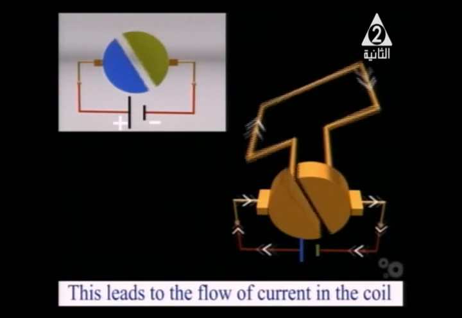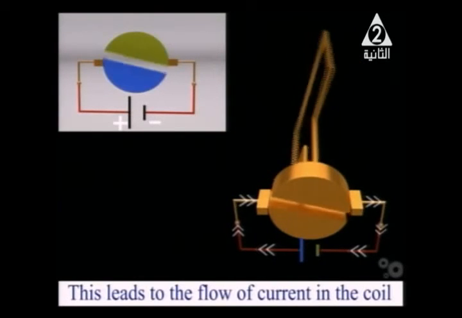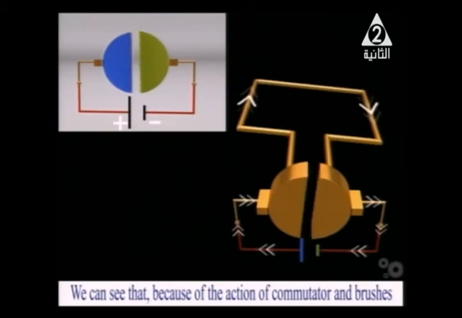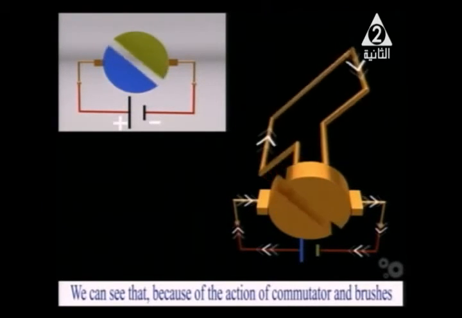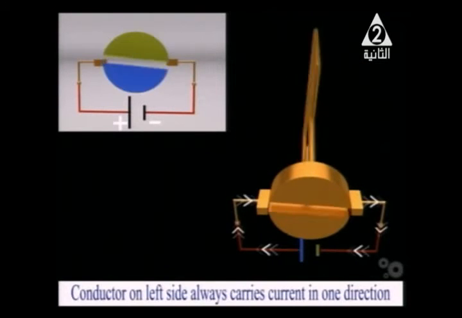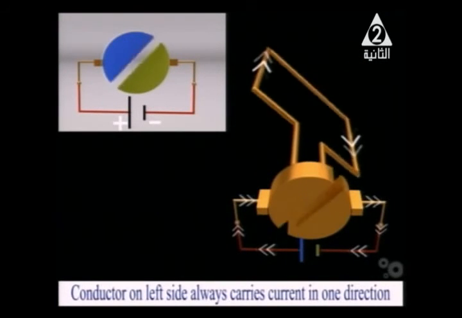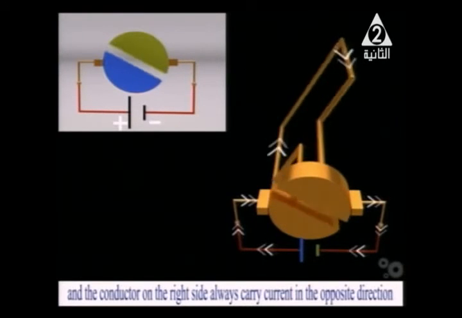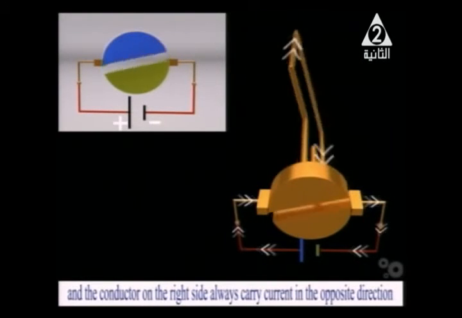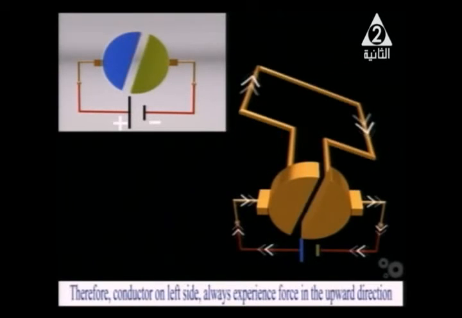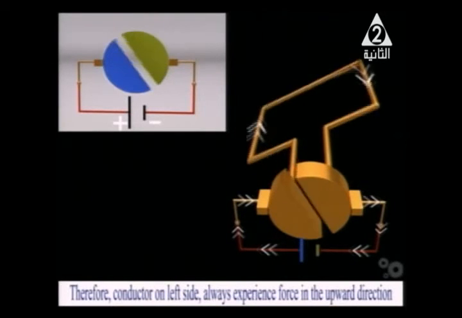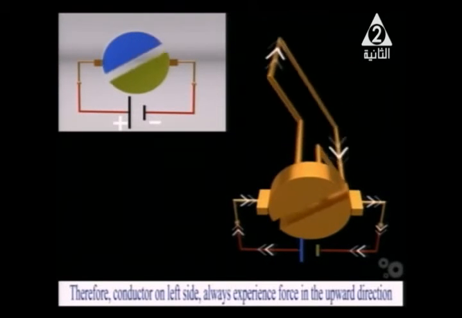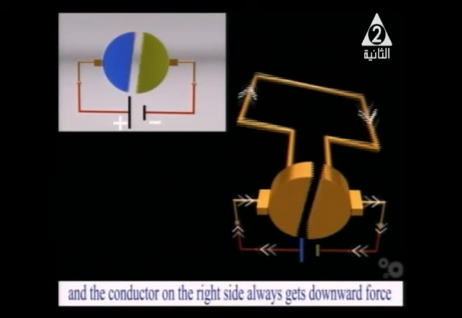As the coil rotates, the torque of the couple decreases until it becomes 0 when the plane of the coil is perpendicular to the magnetic field in the vertical position. But as I said, the coil continues to move by its own inertia. When the coil just passes the vertical position, the two halves of the commutator switch over.